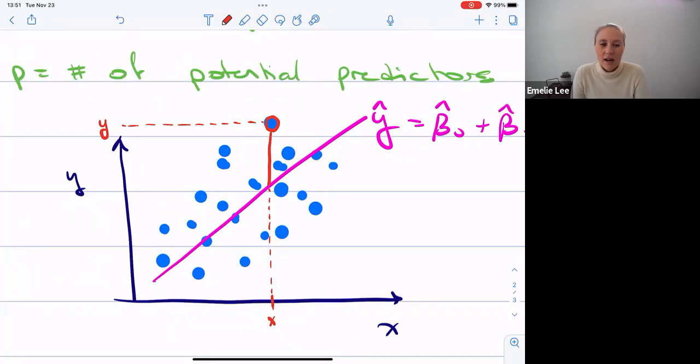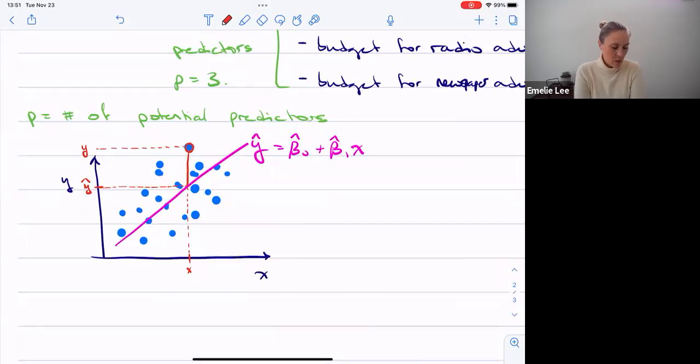I want to call it Yi, but it's a particular Y. The distance between the actual Y and the predicted value of Y at the same point of X, that's your residual. So we call it the residual, or we could also call it the error if you want, okay? And so the distance between these is called the residual.